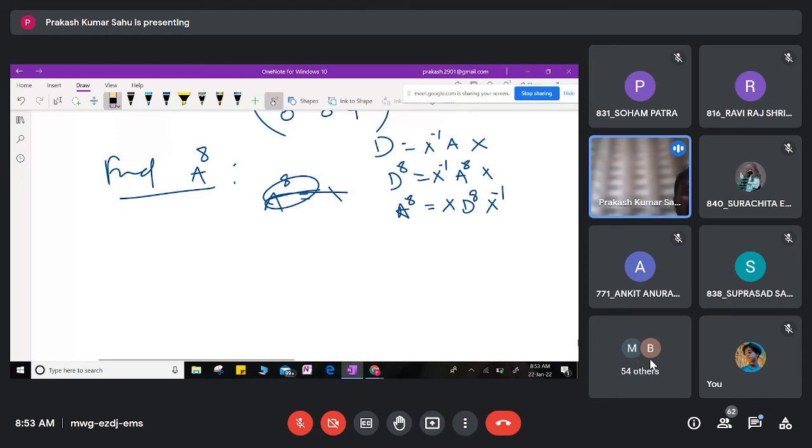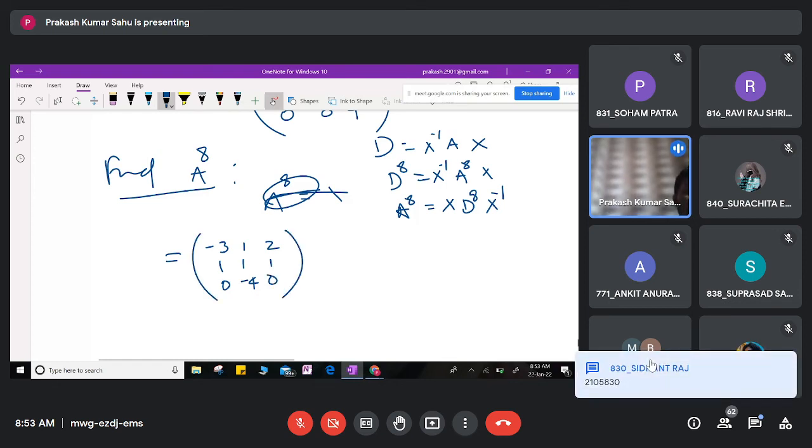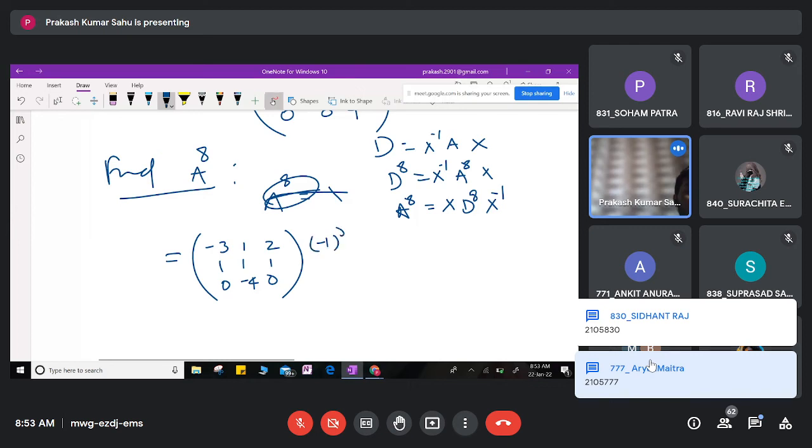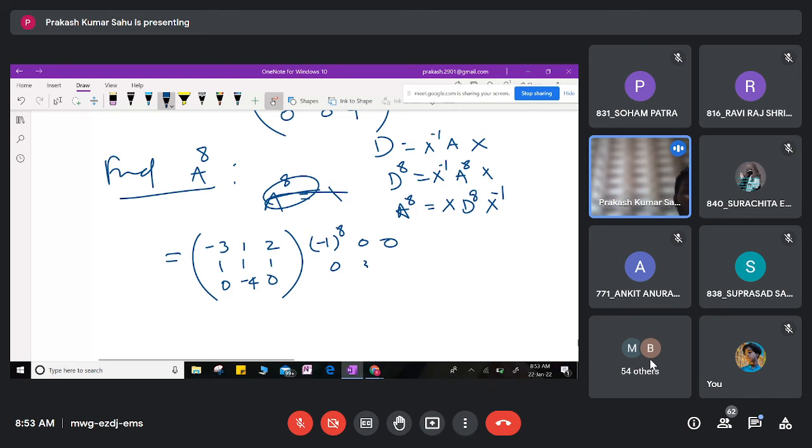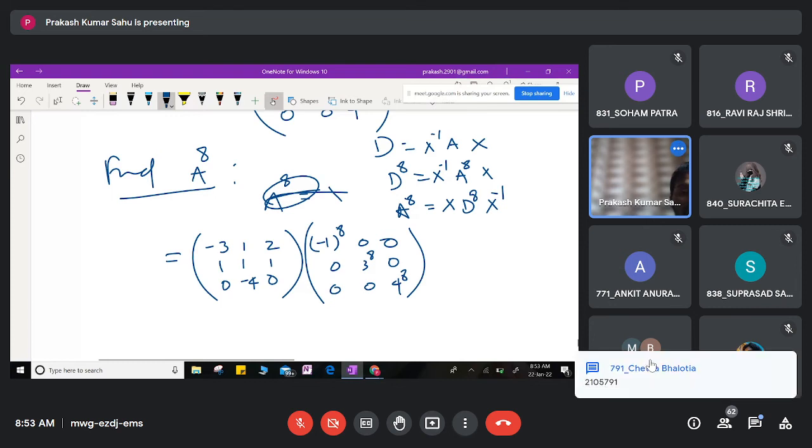What is your x matrix? -3, 1, 2, 1, 1, 1, 0, -4, 0. This is your x matrix. And D8, तो D8 क्या होगा? -1 to the power 8, 0, 0, 0, 3 to the power 8, 0, and 0, 0, 4 to the power 8. This is the D matrix to the power 8. Okay, and again x inverse is what? And x inverse you can write, this is 1 by 5.